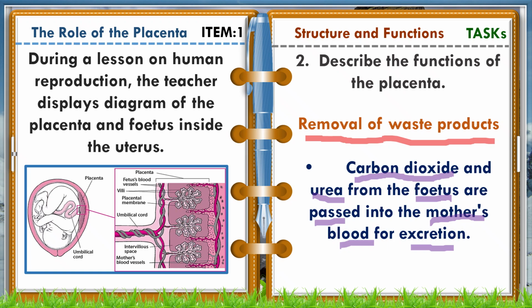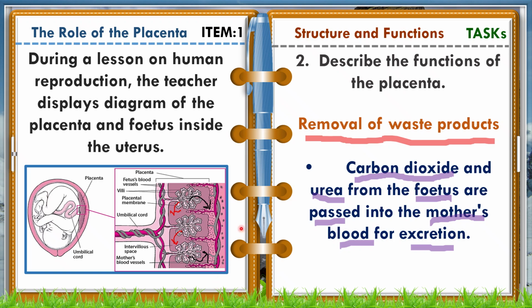From the chorionic villi, carbon dioxide will diffuse out and enter into the intervillous space. And urea is also diffusing out, entering into the intervillous space. And when it enters into the intervillous space, now they are going to be absorbed into the mother's blood. And when they are absorbed into the mother's blood, now they will be carried away.